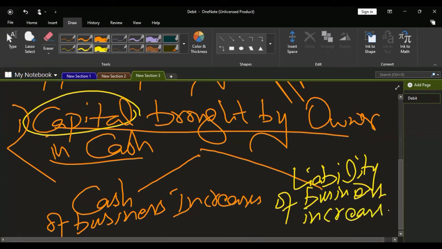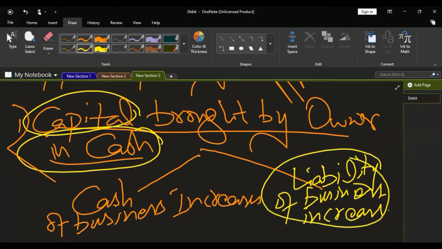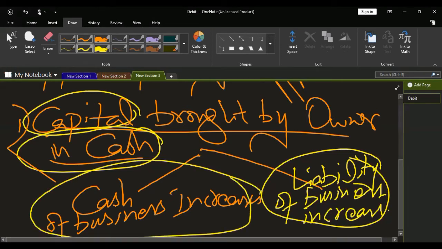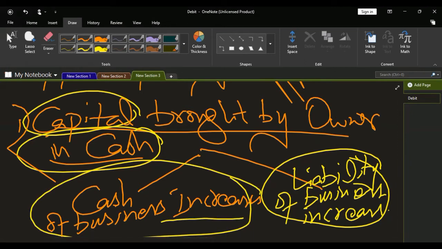So when capital is brought by the owner in the form of cash, two items are affected. Firstly, the liability of the business increases, and secondly, cash increases.